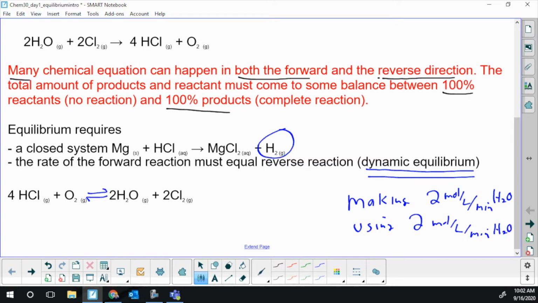I obviously made up the number. The key is that the number is the same. The amount being made and the amount being used match each other. A few definitions, and then I'm going to roll into a case study and then talk about arrows a little bit more, and then we'll be largely into math and calculations for most of the rest of this lesson.